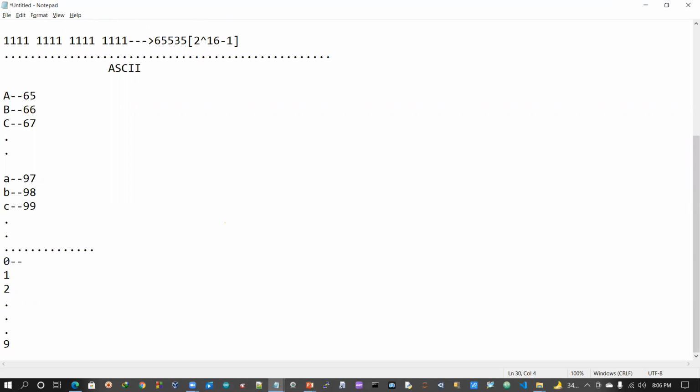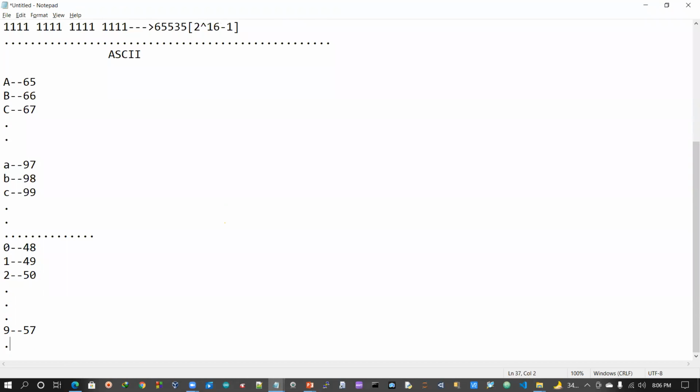What is the ASCII for 0? 48. Then 49 next, then 50, and so on. For the last one, 9, it should be 57. Yes, right. Remember, for everything on the keyboard there is an ASCII number.